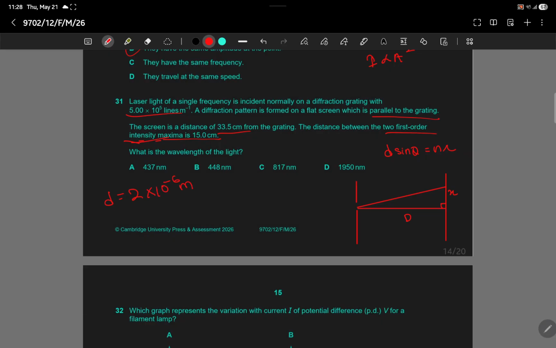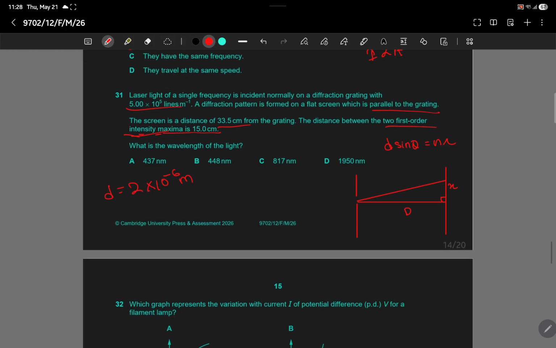But none of the answers are matching, so I tried drawing a diagram here. It says that the diffraction pattern is formed on a flat screen which is parallel to the grating, and the screen is at a distance of 35.5, and the distance between the first two order intensity maxima is 15.